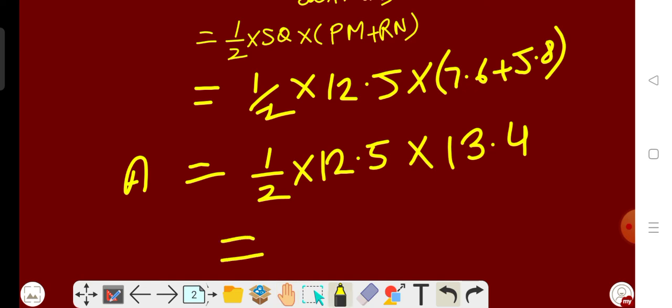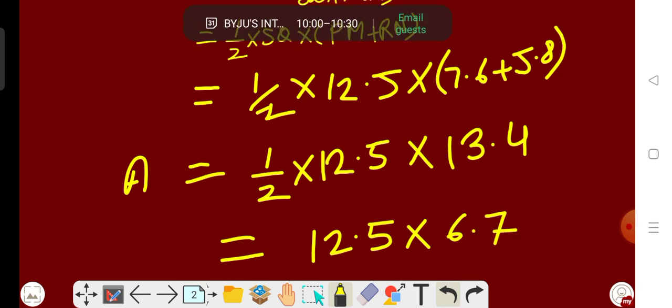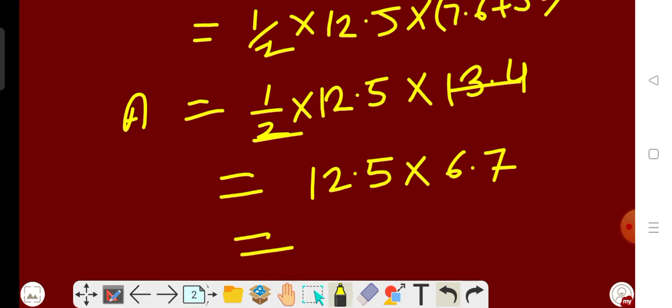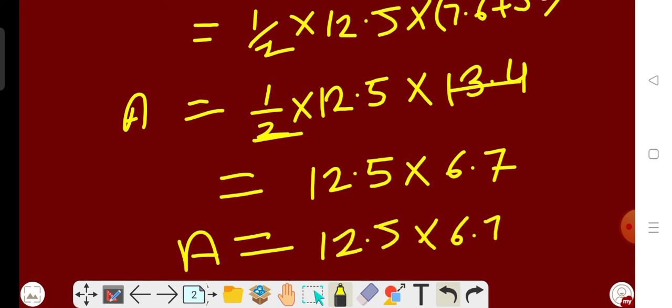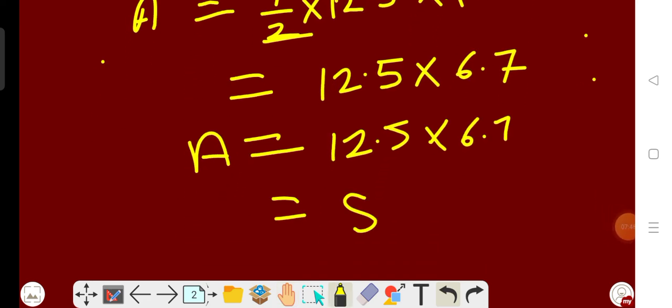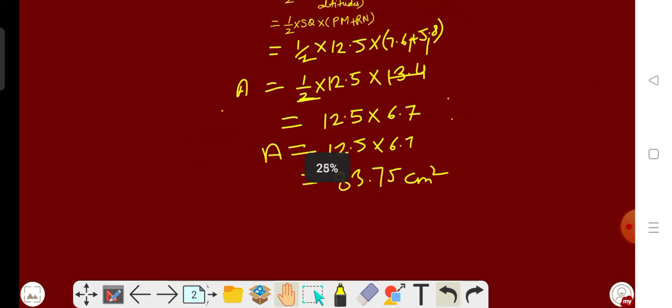Dividing 13.4 by 2, this becomes 6.7. So the area is equal to 12.5 multiplied by 6.7, and the multiplication is equal to 83.75 centimeter square. So this is the solution of your question number 7.